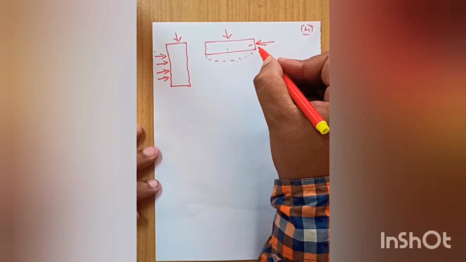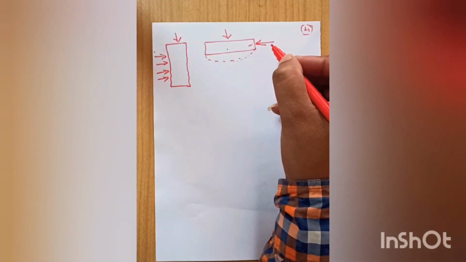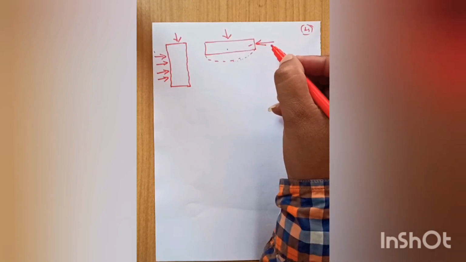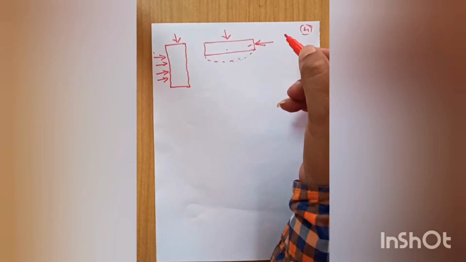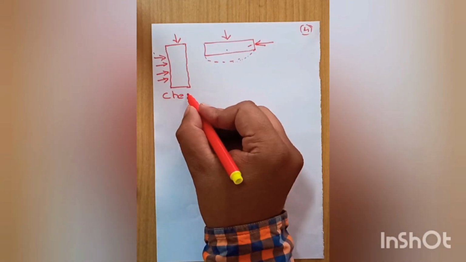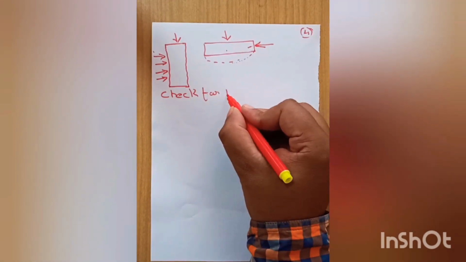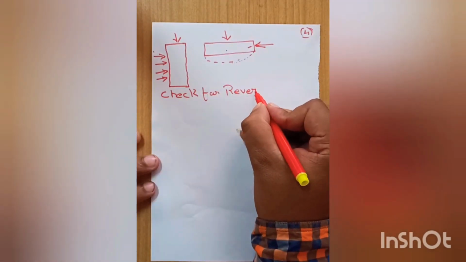Now in the present problem, the top chord member is subjected to 54.25 kilonewton of compressive force and 34 kilonewton of tension force. So check for reversal of stresses.